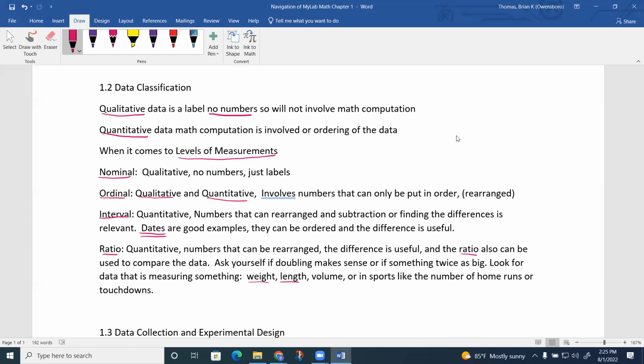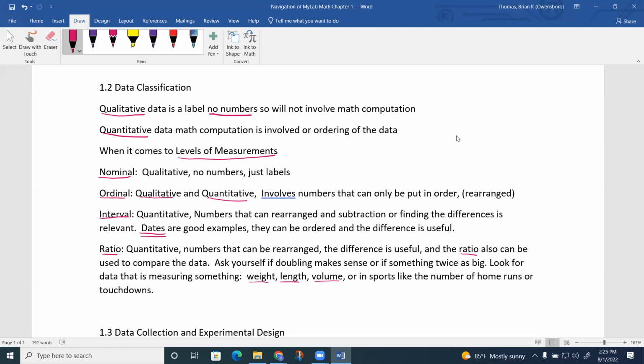Volume, like liters or fluid ounces, quarts, gallons, things like that, would also be under the ratio level of measurement. If we're talking sports, the number of home runs or touchdowns could be relevant in the data, and that data could be described also as quantitative, but ratio would be its level of measurement.